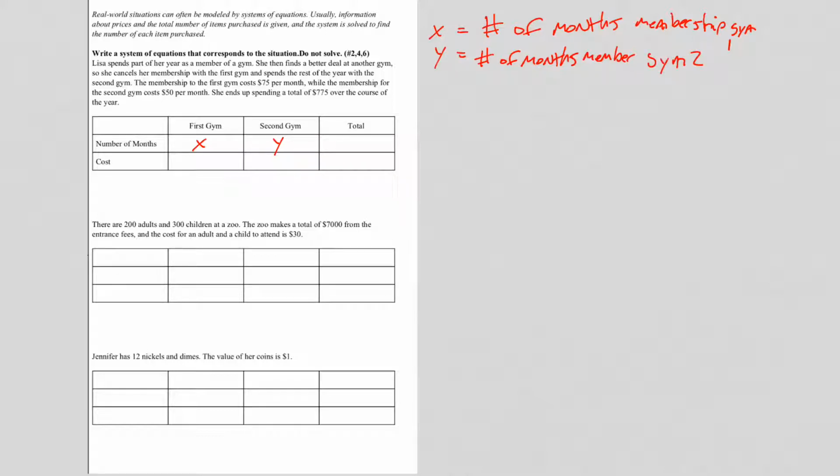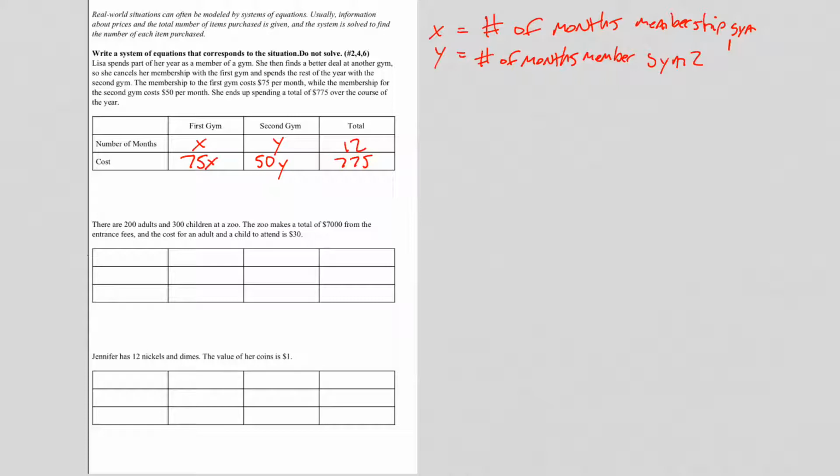So X plus Y, and there are 12 months in a year. And then Gym 1 costs $75 times X, the number of months, and Gym 2 costs $50 times the number of months for Gym 2, which is Y. And combined, they equal $775.